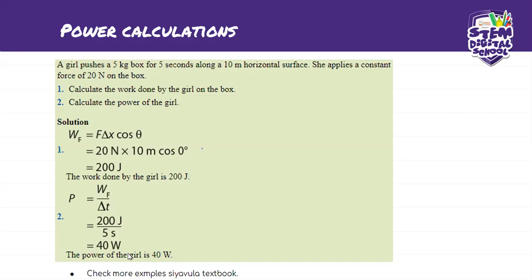So I just want to check some more examples that we can look at in the Siyavula textbook.